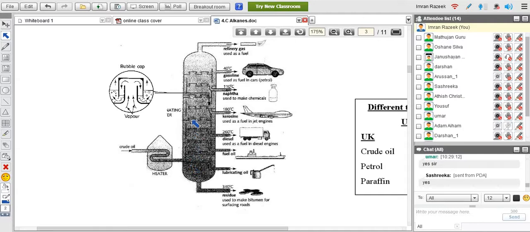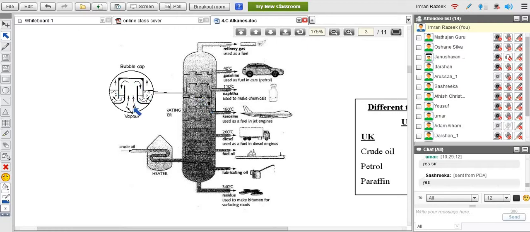As it vaporizes, it gets condensed at different levels based on boiling points. Each layer has horizontal trays, and each tray contains thousands of bubble caps. Let me enlarge one bubble cap. A bubble cap condenses each fraction at different points.